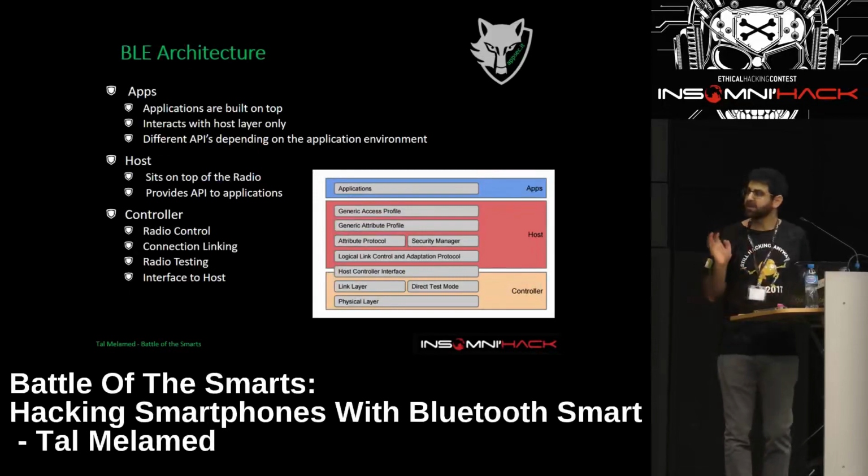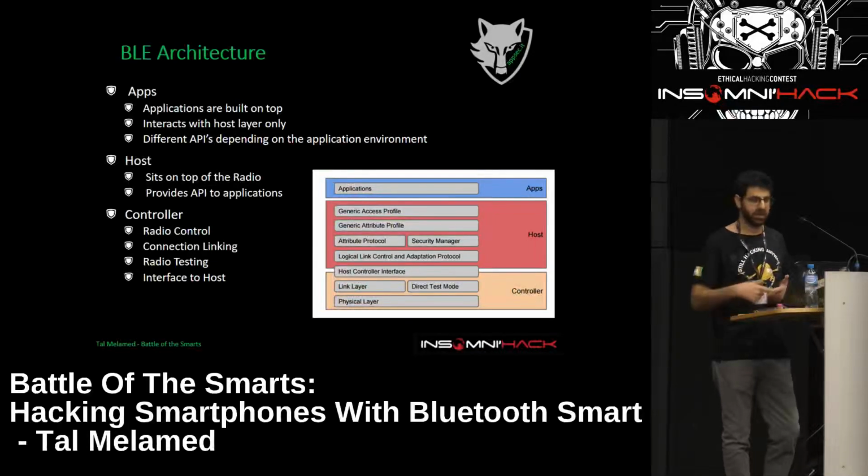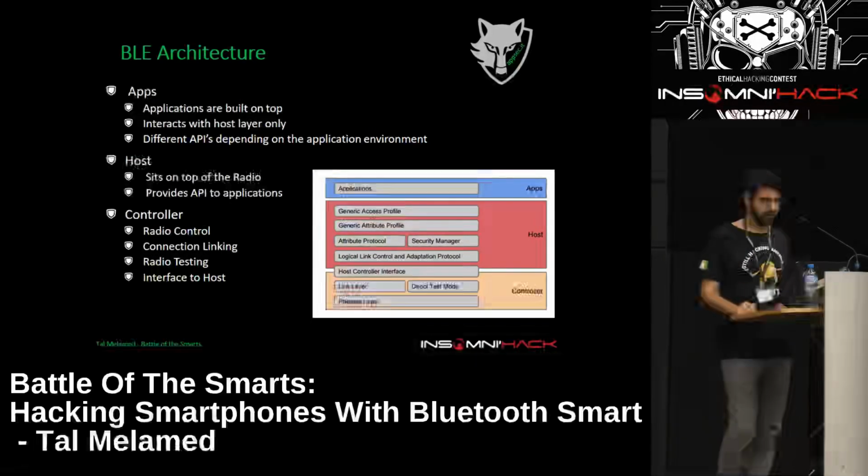Okay, so let's shortly review the architecture of BLE. It is based on 3 layers. The controller, where all the actual controls are: the physical layer, all the chips, etc., and the interface for the host. The host provides the API for the controller, so we will be able to use it. It also holds the infrastructure, which holds the security manager and other security controls, and we will get to that.